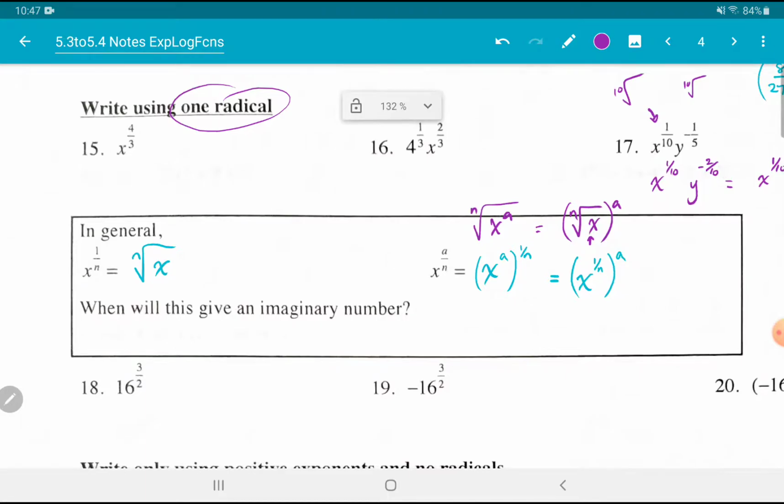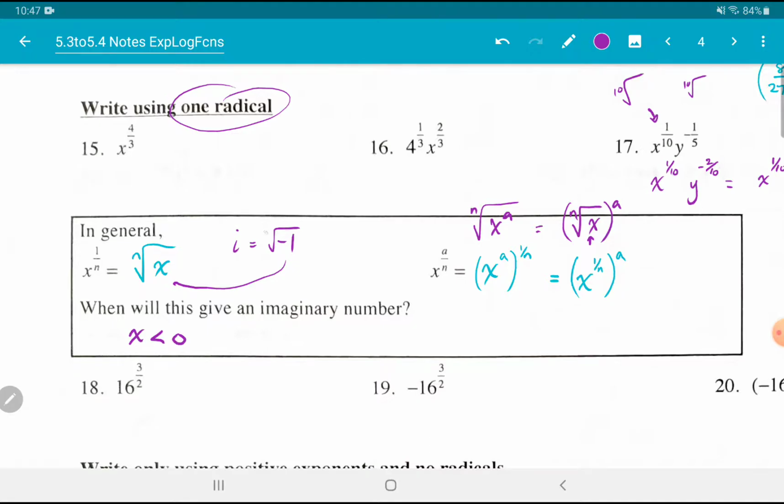When will this give you an imaginary number? The simplest case we can think of is that the imaginary number is thought of as the square root of -1. So what do we need? We definitely need a negative inside that root, so the x value definitely needs to be negative. x has to be less than 0. What other cases do we need?